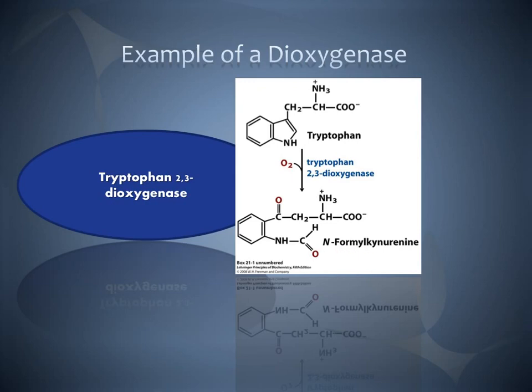Like formaldehyde, it means a one carbon containing group. Just like acet, ACET meant two, well, formyl means one. So this is N-formylkynurenine, which is actually really important. Hopefully we'll have time to go through some of the neurotransmitters and things like that. And so this is important for tryptophan's metabolism. Okay, but this is a dioxygenase.